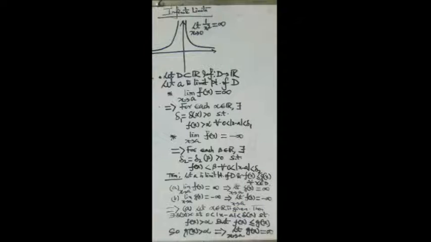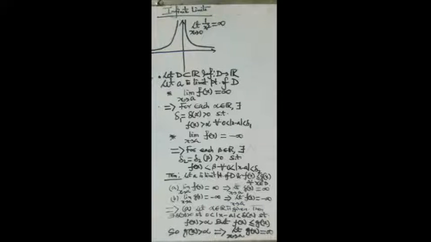That means for each real number alpha there exists some delta 1, that means some positive delta which is dependent on alpha, such that f(x) should be greater than alpha for all 0 less than mod x minus A less than delta 1. That means f(x) should be bigger than the real number alpha for all x with mod x minus A less than delta 1.